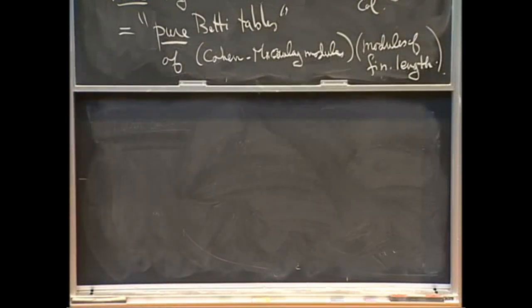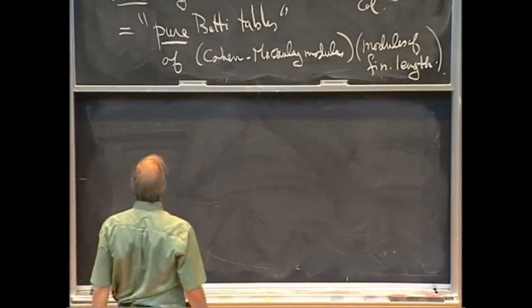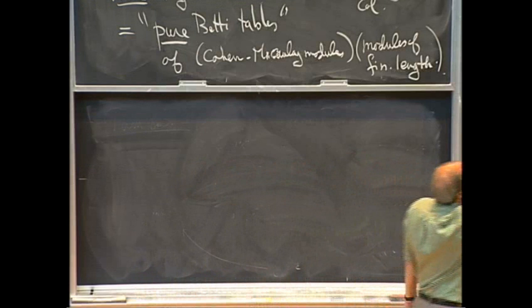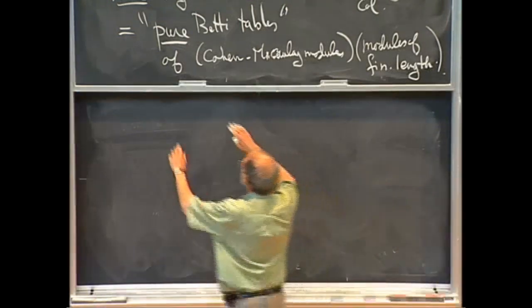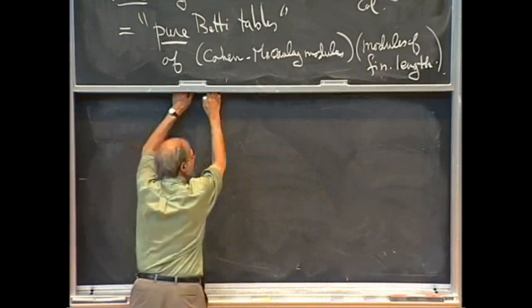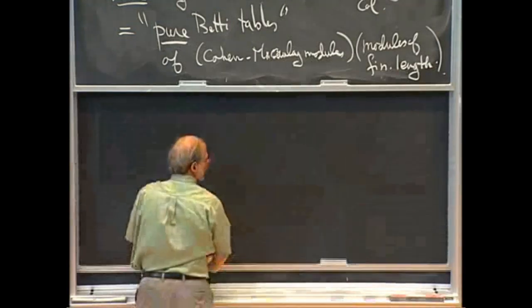So let's see, how are we going to do this? To specify one of those modules, you just have to specify which row of the table that non-zero entry is going to occur in. In other words, you have to specify the degree of each syzygy, the degree of the generators of each syzygy module.